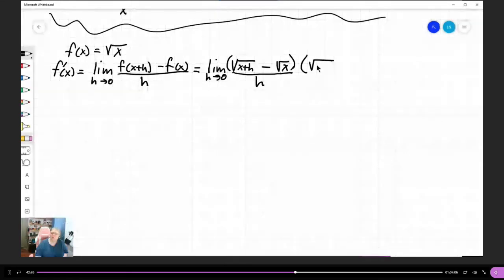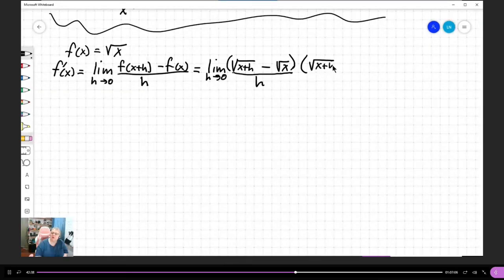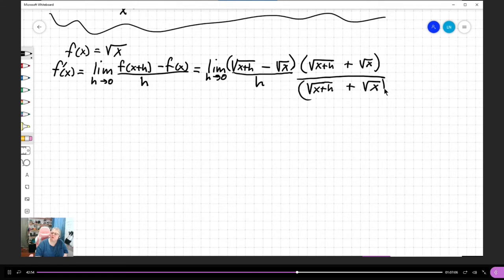So I'm going to multiply by the square root of x plus h plus the square root of x. Same thing down here: square root of x plus h plus the square root of x, over h. On top, when I multiply those two together, that's the difference of squares.